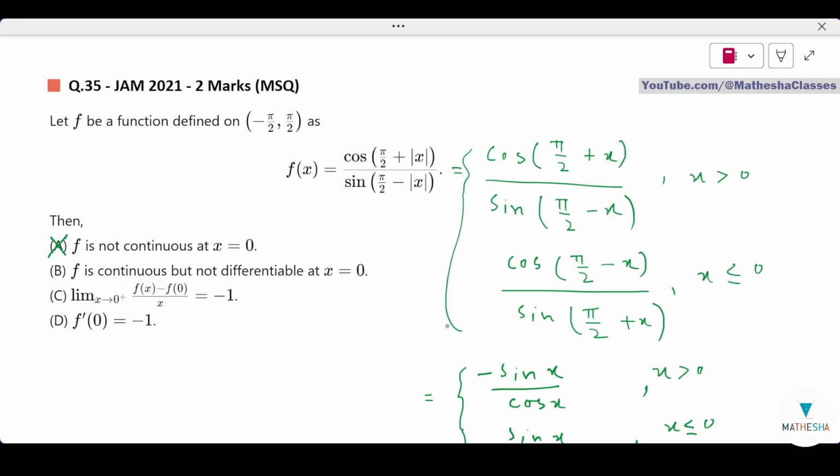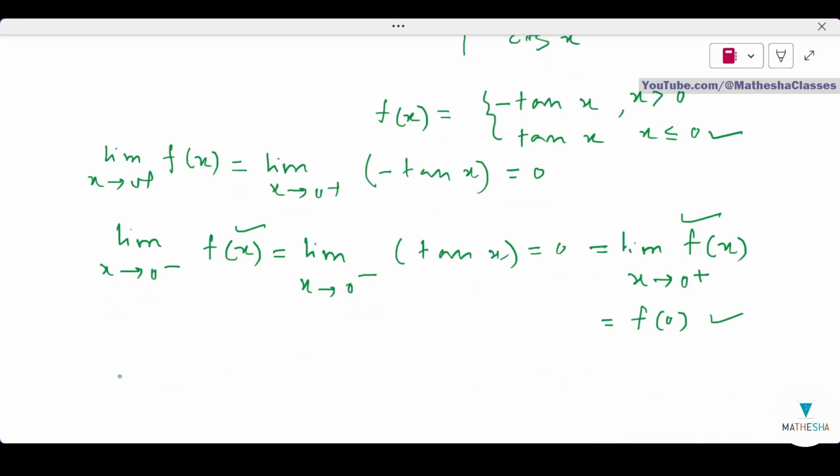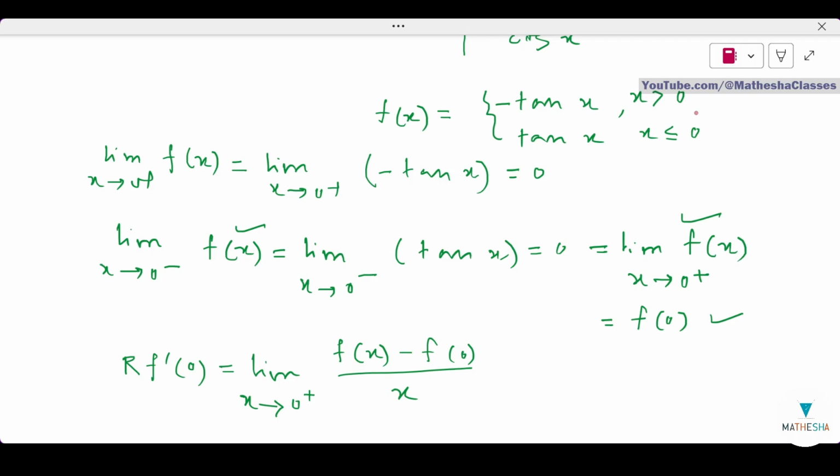For the next one, we'll calculate whether f is differentiable or not at x equal to 0. So let us start calculating that. First we'll start calculating the right hand derivative. So right hand derivative at 0 will be limit x tends to 0 plus of f(x) minus f(0) by x. When x is bigger than 0, we'll use this formula.